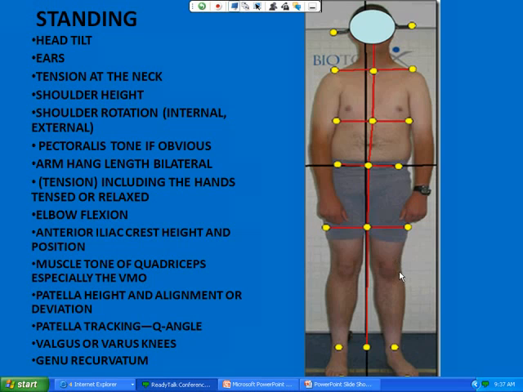There's a compression at the meniscus and the articulation of the femur and the tibia, and there's an opening or a lengthening or a stretch of the medial compartment of the knee. So a lot of times this would stress ligaments and muscles. On the left, it would compress cartilage of the knee.